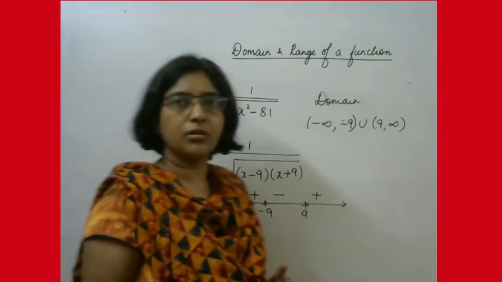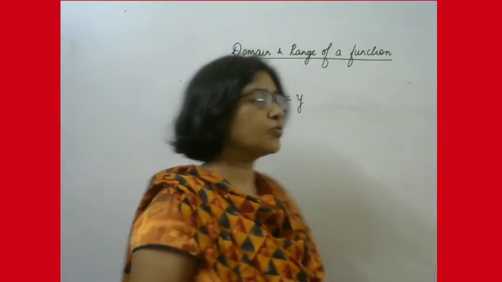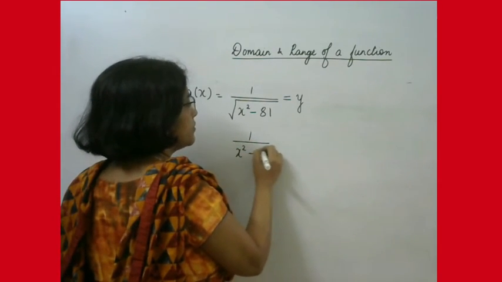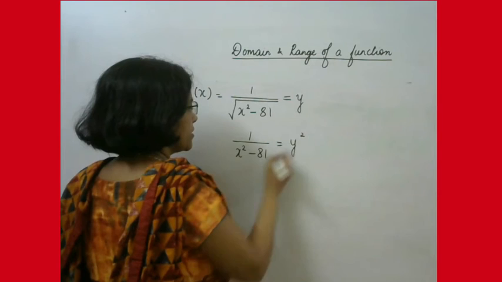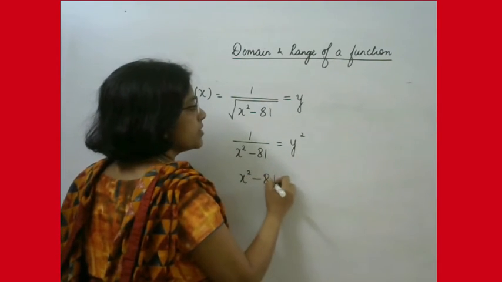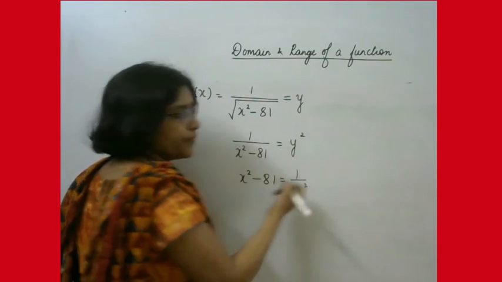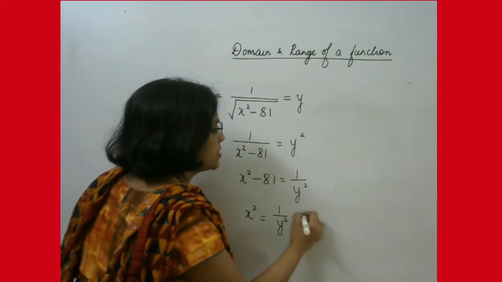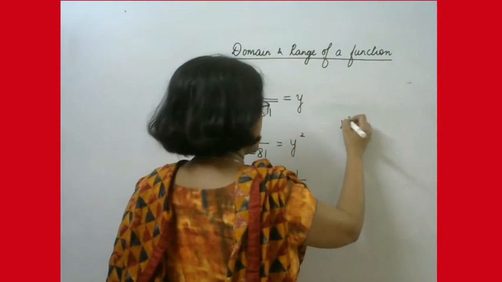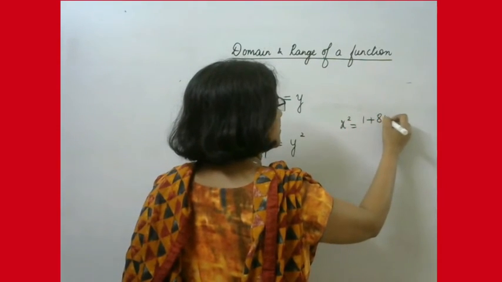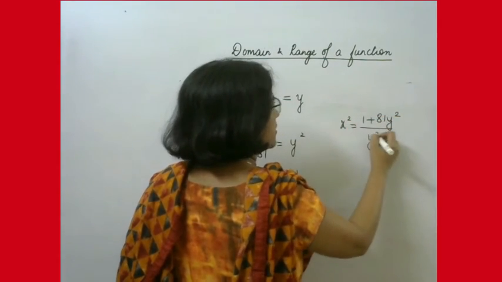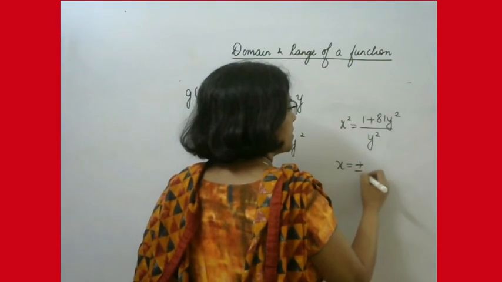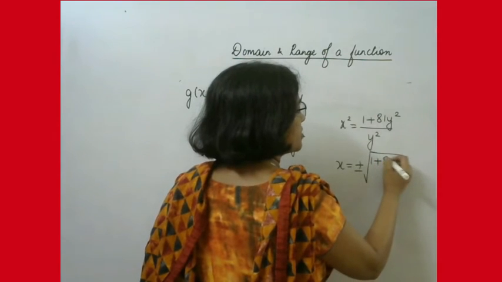Okay, now going to the range. Let's equate it to y and square both sides so that we don't have the root. Also we can take the reciprocal. x square minus 81 is 1 upon y square. x square is 1 upon y square plus 81, or otherwise x square is 1 plus 81 y square upon y square. So x is plus minus under root of this.